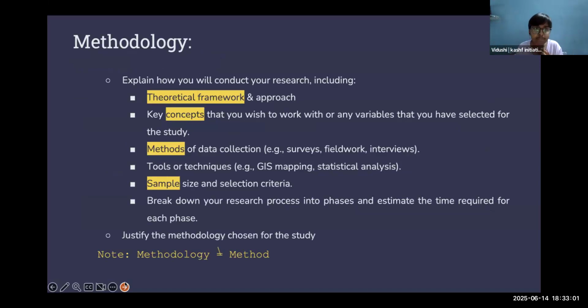The next is methodology. This is a very important part of your research proposal. When you have decided your research questions, then comes the methodology, which is not the same as methods. I'll use the example that Sana always uses, and it always helps to understand the difference between the two. If your research is about cleaning a room, then there are different directions that you can take in terms of cleaning it.